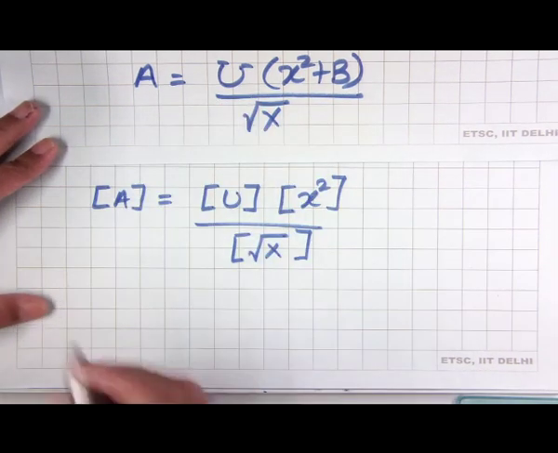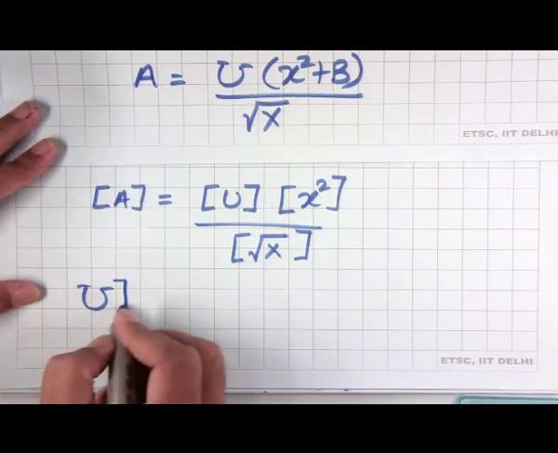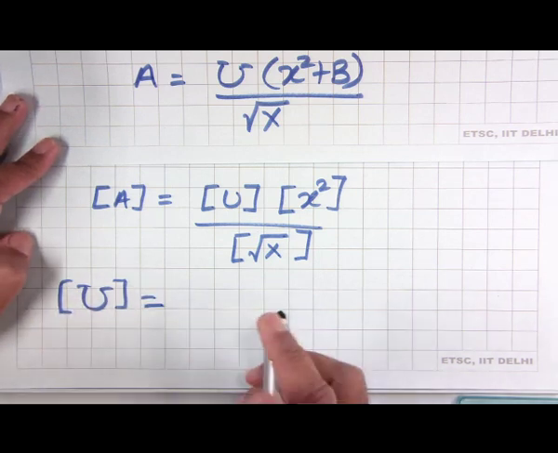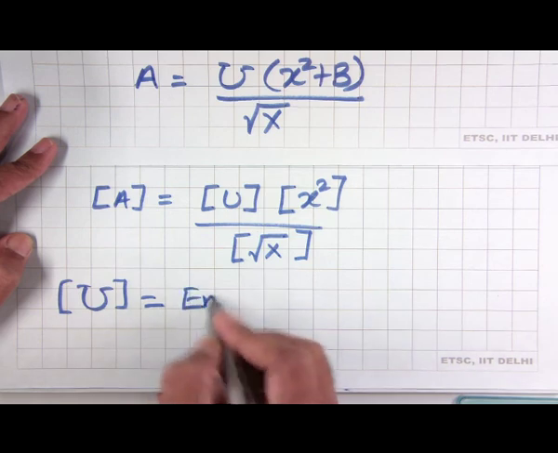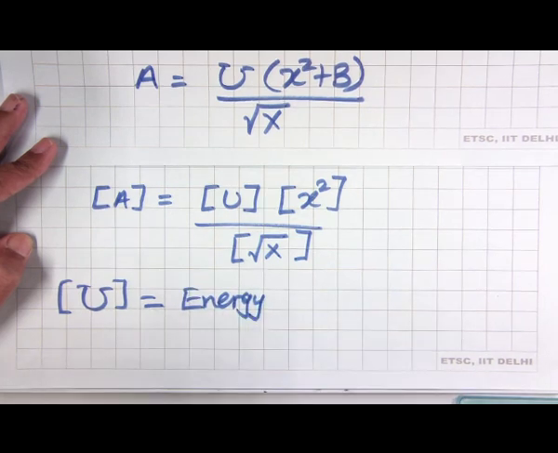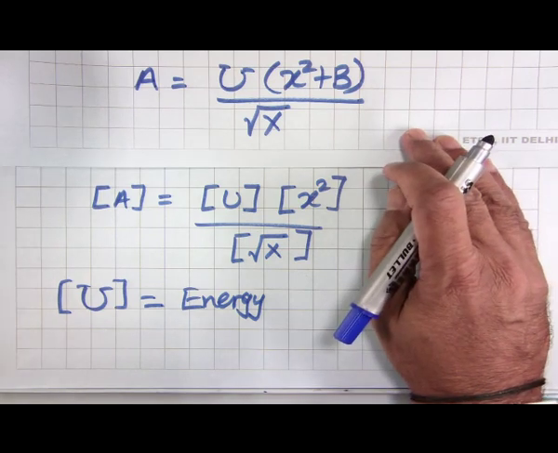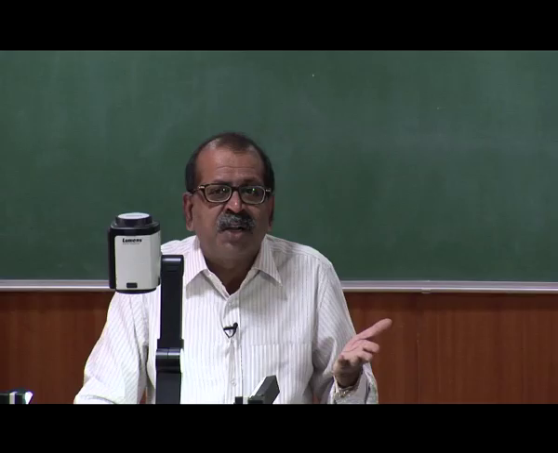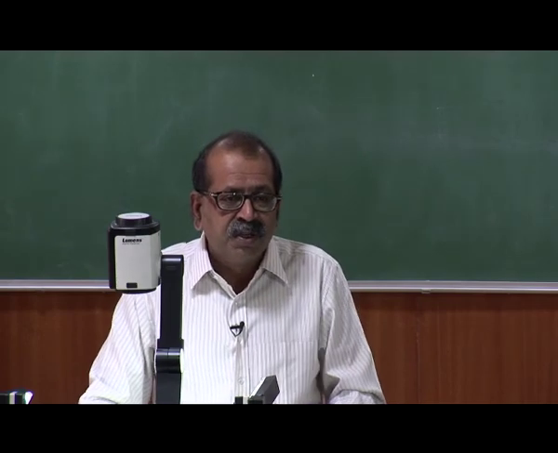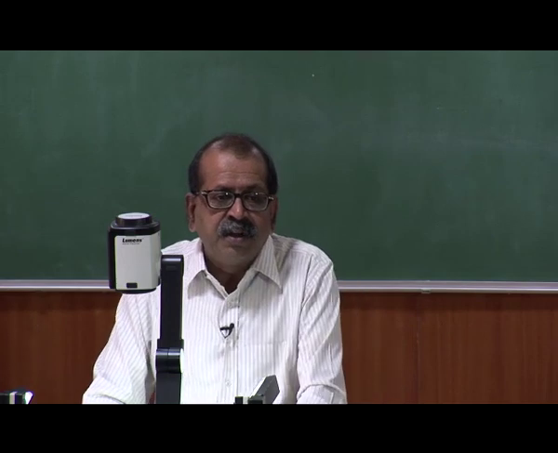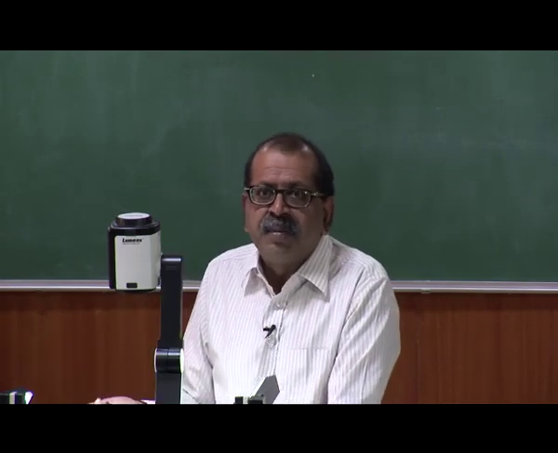Now, what we need to find is the dimension of u. U is given to us as potential energy of a particle. When you do not know some of these quantities, you may initially have to start by just remembering dimensions. But once you know what all these quantities are, you do not need to remember dimensions.